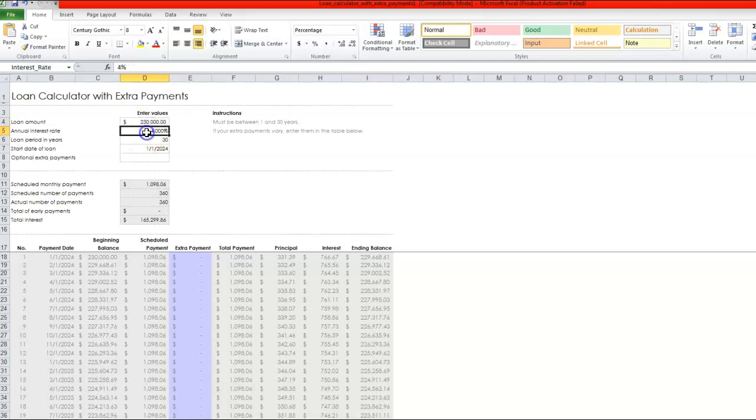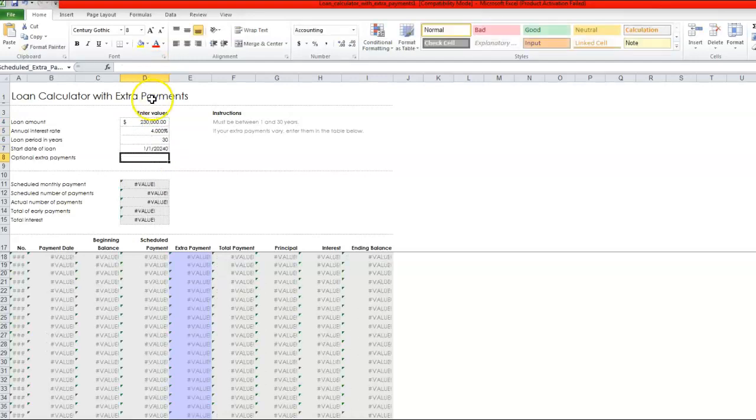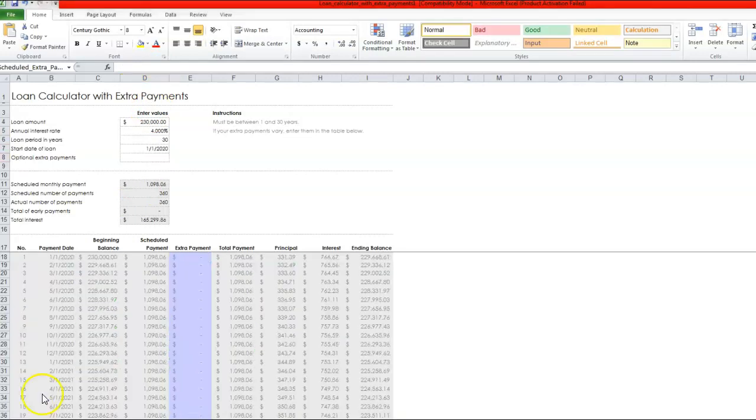Now, I wanted to show another concept. Let me go change this back to, I'm going to look at something else. If I took this loan from a 30-year loan to a 15-year loan, my payment increased.